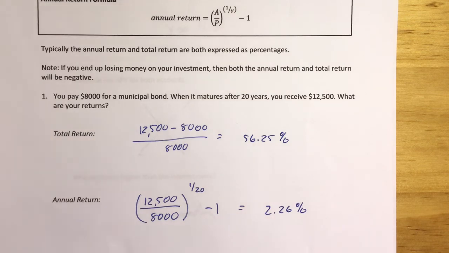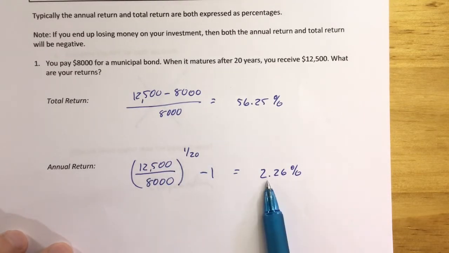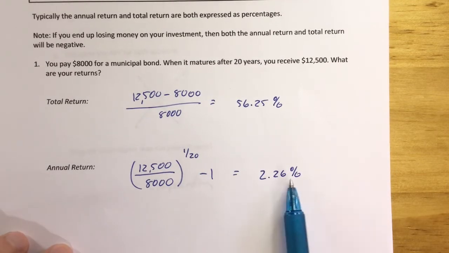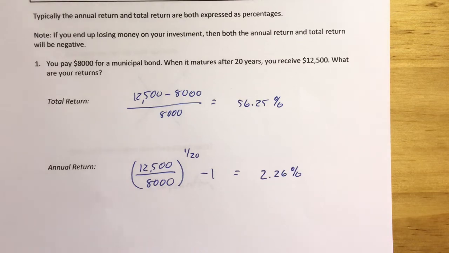You got back an extra 56.25%. The annual return, basically what is the return that you get per year on these things? Just plug all the numbers in and it turns out to be 2.26%. Okay, so that would be per year, but this is over the 20-year period.